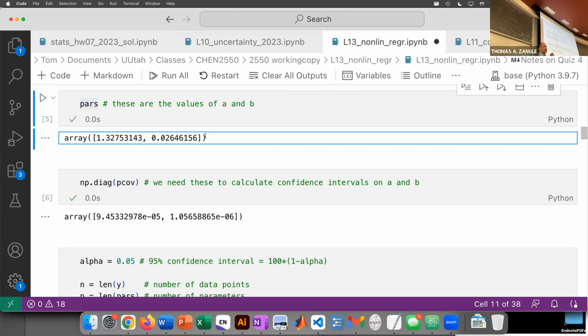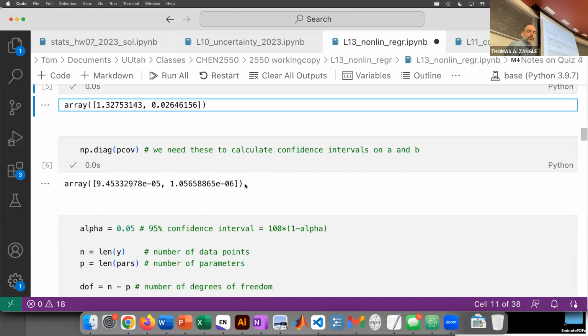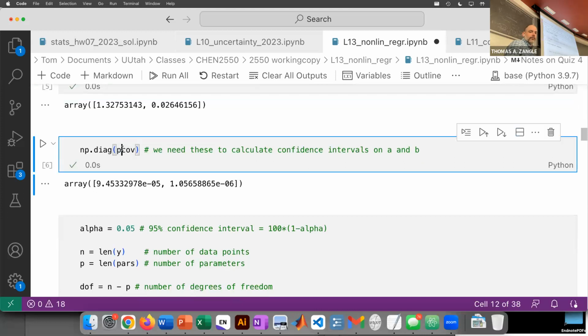But this covariance matrix, the other output of this curve fit function, is what we can actually use to tell us about uncertainty in the parameter values, right? And this is going to tell us something about how good our fit is, and about what we know about those parameter values. So we're going to take the diagonal of that matrix.